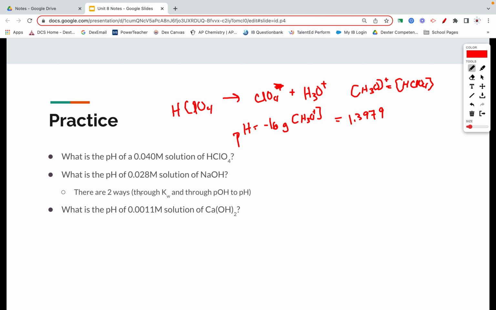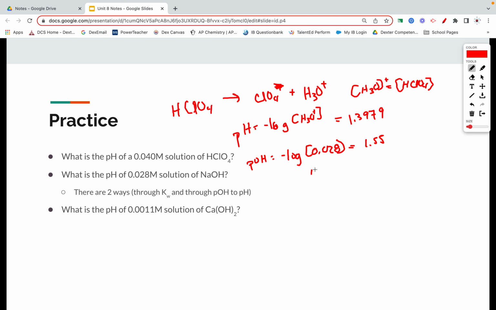Okay. What is the pH of our sodium hydroxide? This is a strong base, but we're looking at the hydroxide ion, and we want to find pH. So we're going to have to go through two different ways. We have pOH is equal to the negative log of our concentration, which is equal to 1.55.